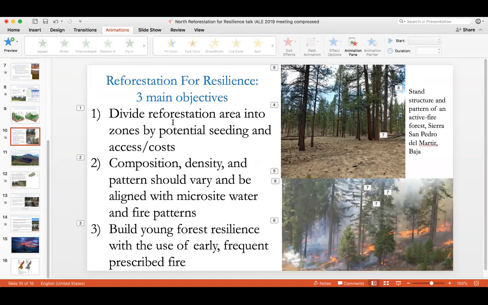I think those are pretty obvious places, south-facing slopes that are steep and inaccessible, where even if there was forest there previously, there are both ecological and logistical reasons to not try to get forest back in there. And so that would be an offhand way to evaluate different parts of the landscape that we don't necessarily want to plant. But I absolutely agree that that should be a factor in the decision of whether to plant in certain places.